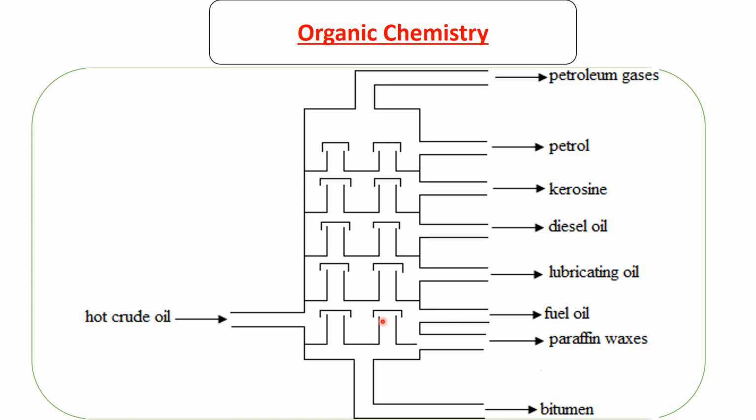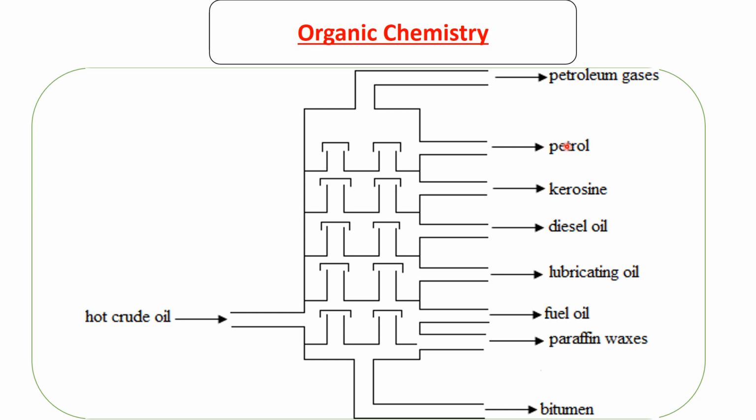It turns out that with the way this apparatus is designed, the component that is volatile, or has a smaller boiling point, evaporates first and is collected on top here. So petroleum gas has the lowest boiling point, which is related to the number of carbon atoms, meaning that petroleum gas has fewer carbon atoms as compared to petrol.